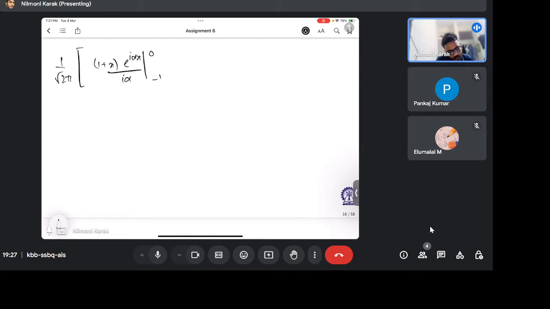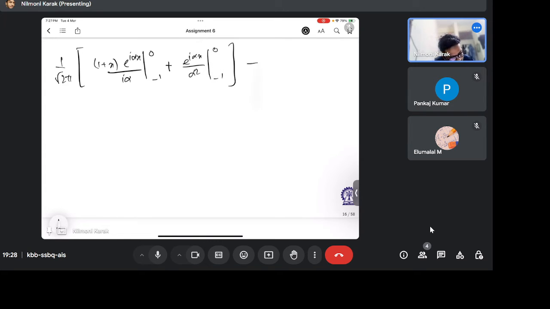The derivative of 1 plus x is 1, and you integrate e to the power i alpha x again to get e to the power i alpha x divided by i square alpha square. I square is minus 1, so instead of minus you can put plus, over alpha square, from minus 1 to 0.